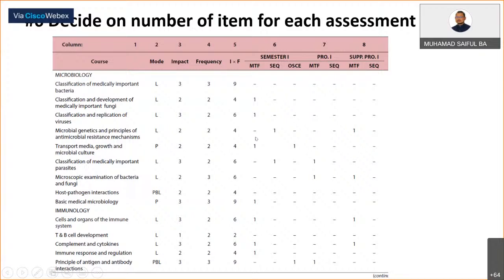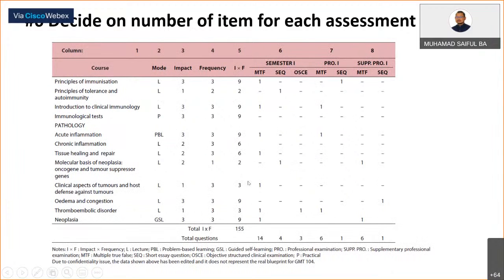You can see the distribution of the questions that should be constructed according to the multiple true false format. If you have any other learning outcome of C3, C4, then you can choose OBA or maybe EMQ. If you have higher, you can consider SCT as well, depending on the learning outcome of your course. And at the end, you get the whole total of questions.